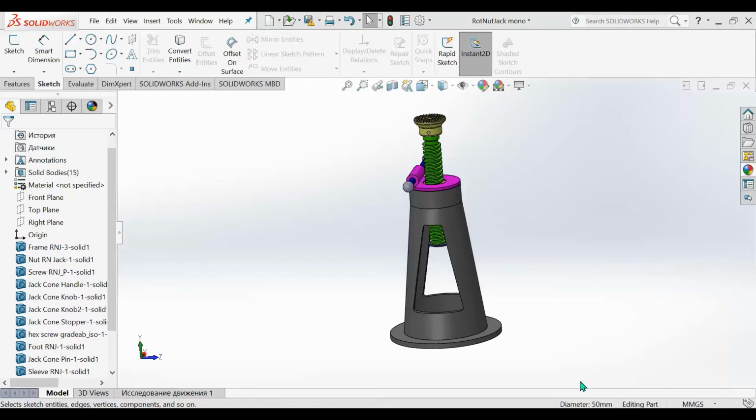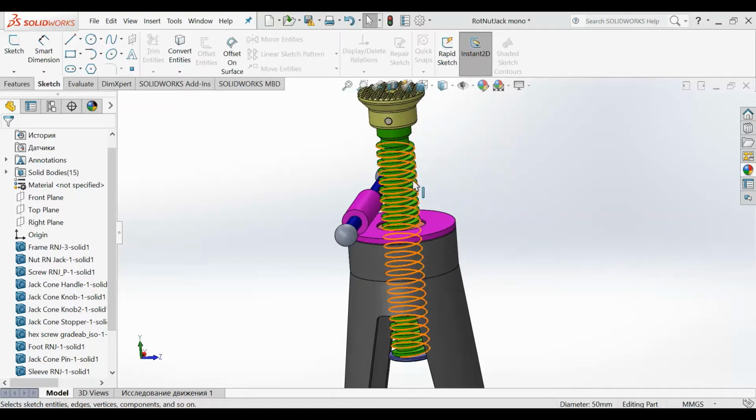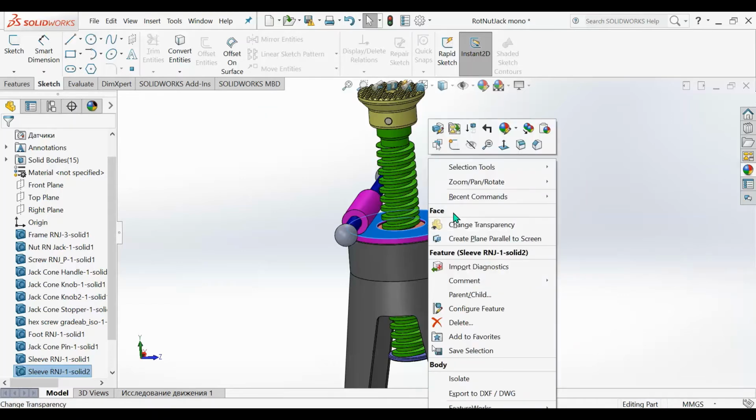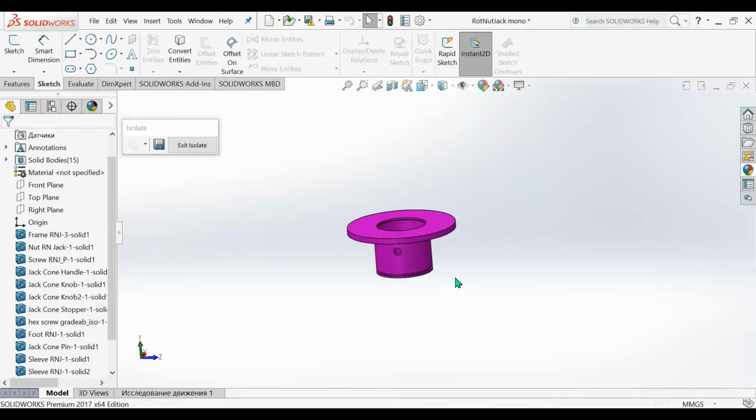Next variant of screw jack is a jack with a rotating nut. So to rotate a nut, we use a specific element, which is named a sleeve.